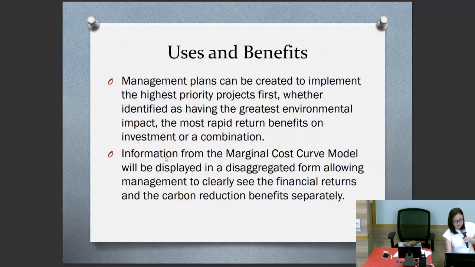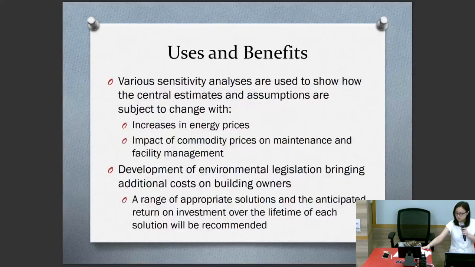Information from the marginal cost curve model will be displayed in a disaggregate form, allowing management to clearly see the financial returns and the carbon reduction benefits separately. So the y-axis is about money, and the x-axis is about the environmental benefits. Various sensitivity analyses are used to show how the central estimates and assumptions are subject to change, just like the sensitivity analysis that we have done earlier.